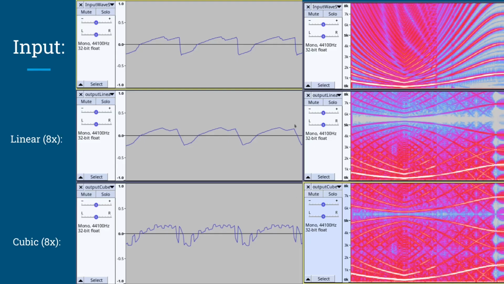Next slide, please. Okay, so if we actually look at the linear compared to the R-cubic, once again, the linear visually looks a lot more similar to the input wave. However, as we know, the cubic sounds a lot more similar, whereas the linear had a little bit of distortion going on. And we think that might possibly have something to do with these images over on the right side.